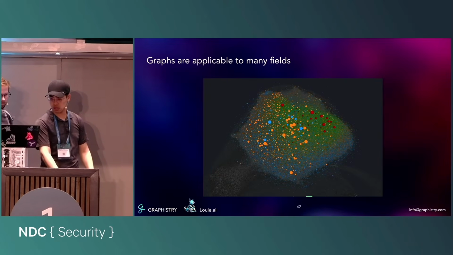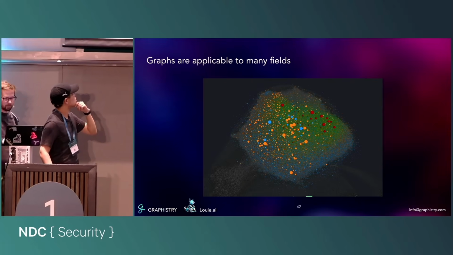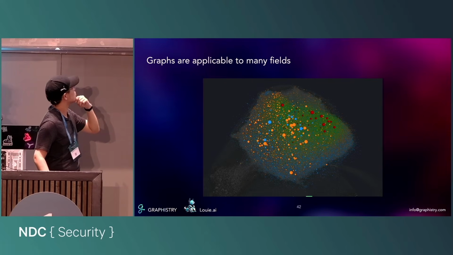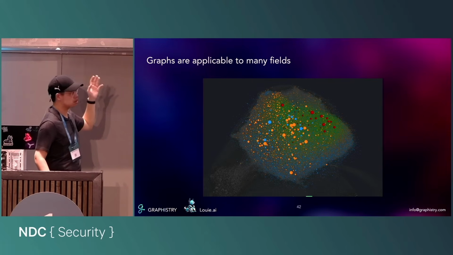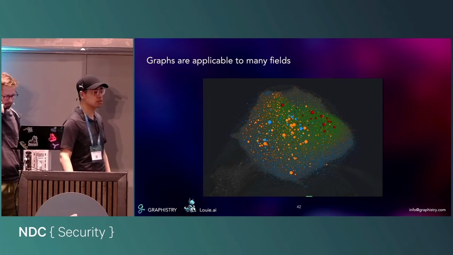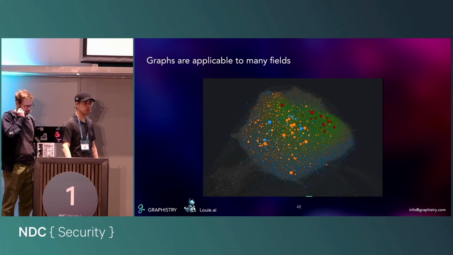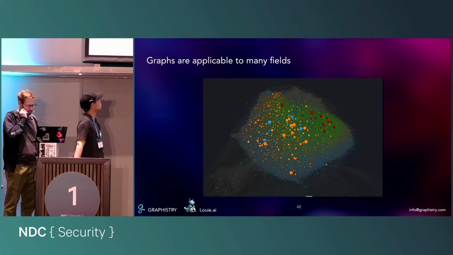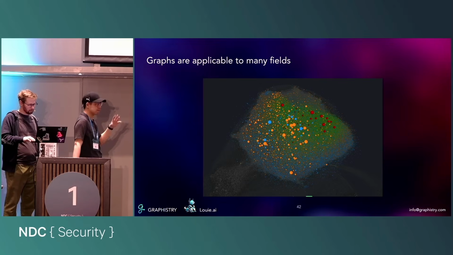Another one that you might be interested in. So yeah, this is a biology data set. So we use graphs in biology as well. In fact, that's where I got my start with this stuff. Here, the graph nodes represent either genes or proteins or whatever, just stuff.